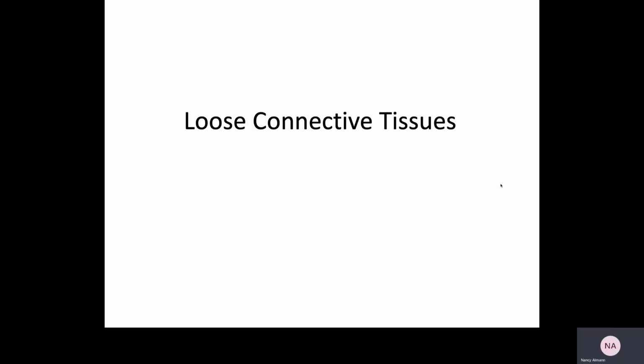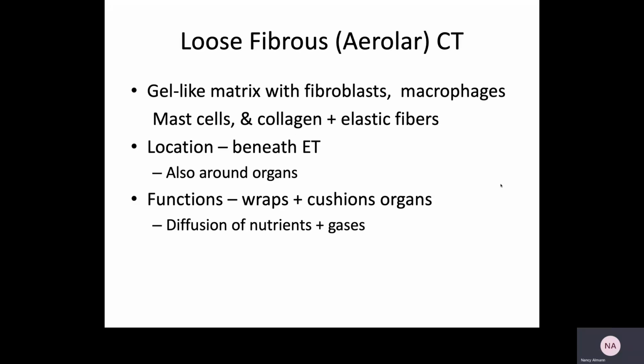So we're going to jump into the loose connective tissues with loose areolar connective tissue, and I always call it loose areolar connective tissue. Loose fibrous connective tissue works. For one reason or another, loose areolar connective tissue stuck with me. It has a gel-like matrix, which is going to be filled with various types of cells and fibers, including collagen and elastic fibers.